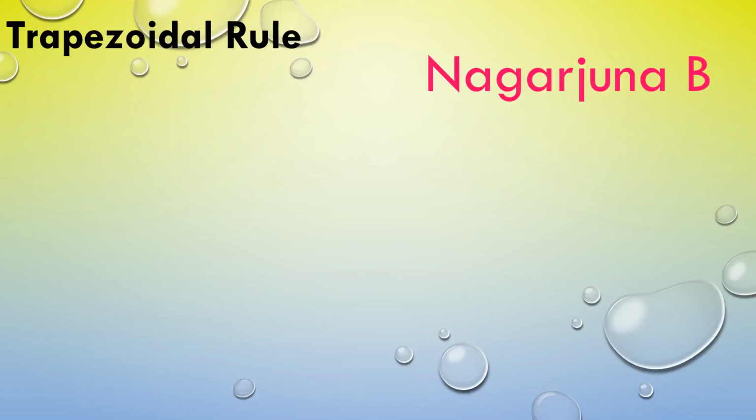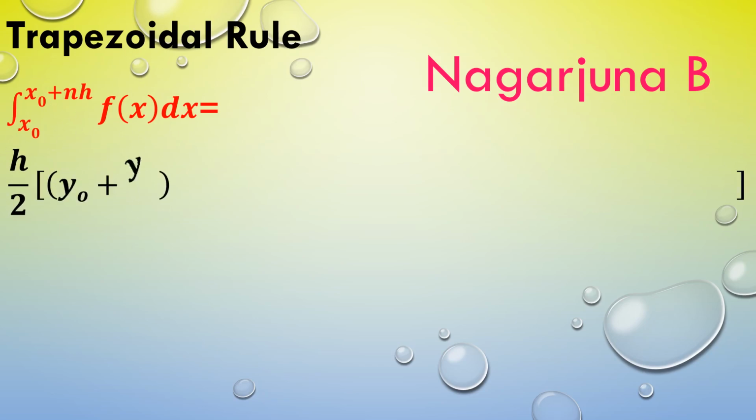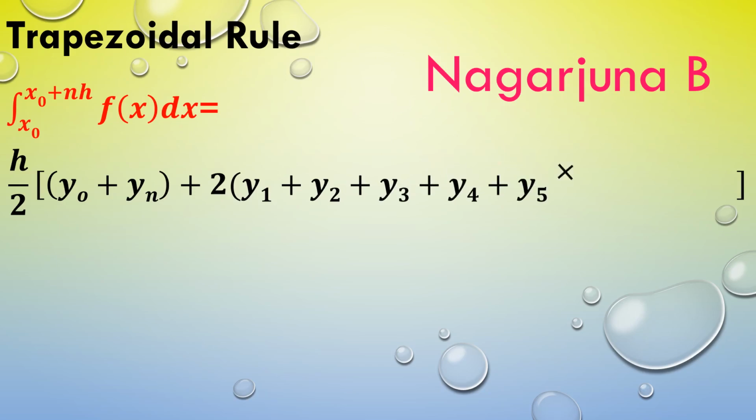The trapezoidal rule to find the integral of a given function is: the integral within the limits x0 to x0 plus nh of f of x dx, where x0 is the lower limit and x0 plus nh is the upper limit, is equal to h by 2 into [(y0 plus yn) plus 2 into (y1 plus y2 plus y3 plus y4 plus y5 etc. up to yn minus 1)].